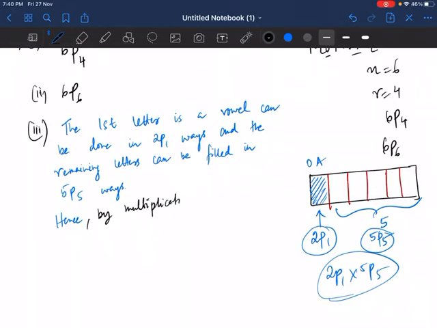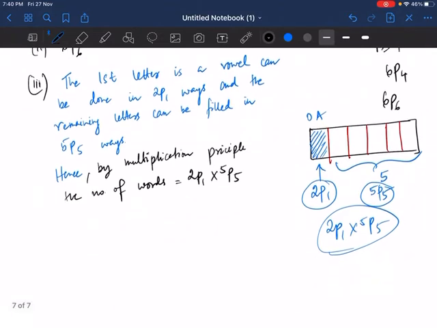by the multiplication principle, the number of words is equal to 2P1 into 5P5.